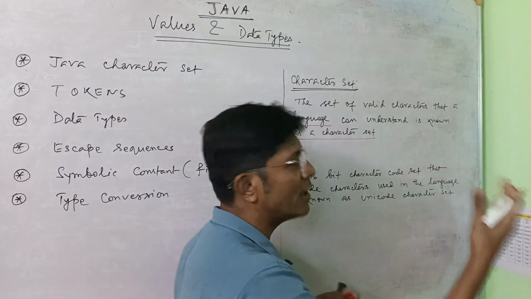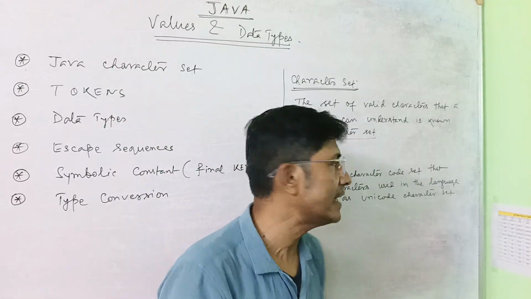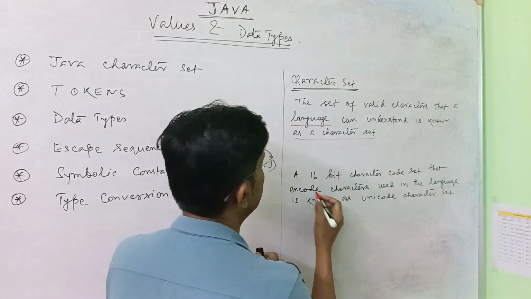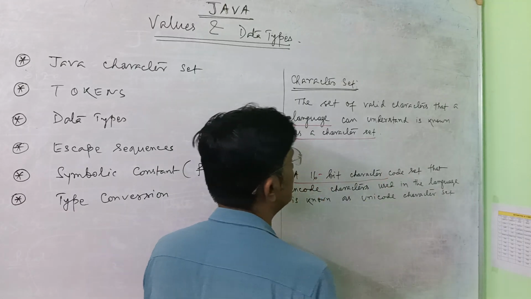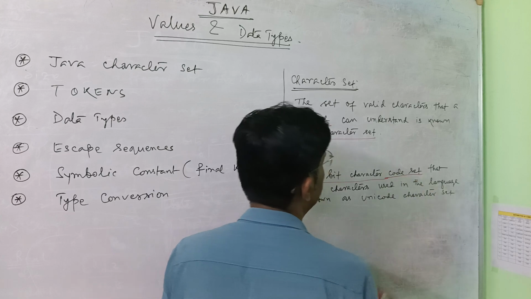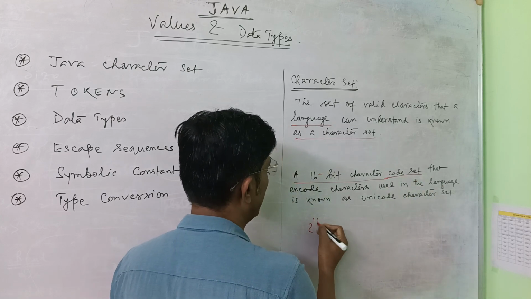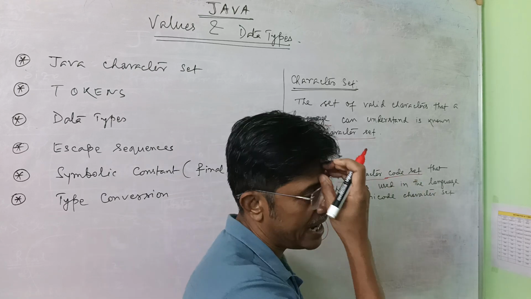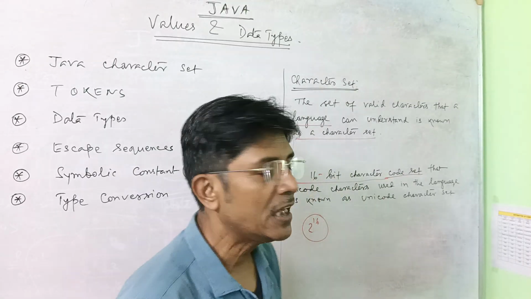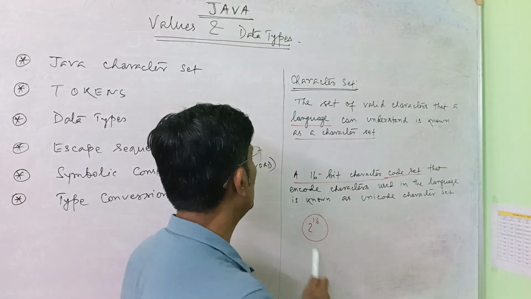So what character set can the Java language understand? A 16-bit character code set, which means 2 to the power 16 signals. That many signals we will apply.